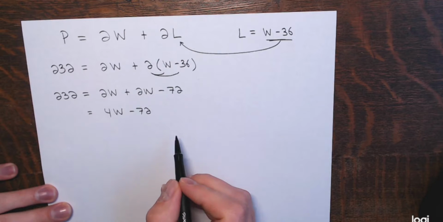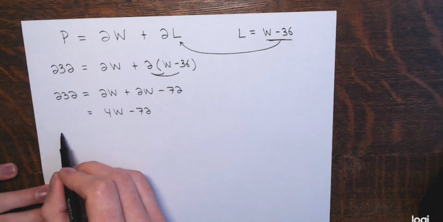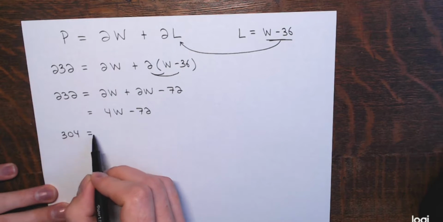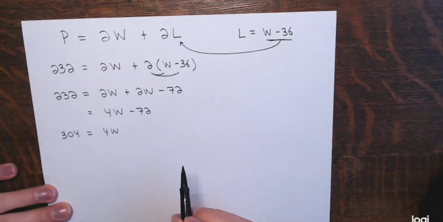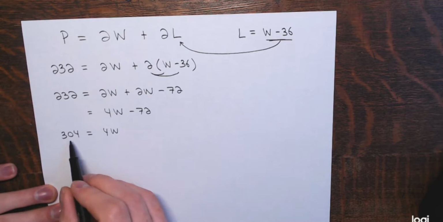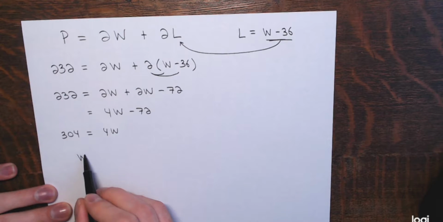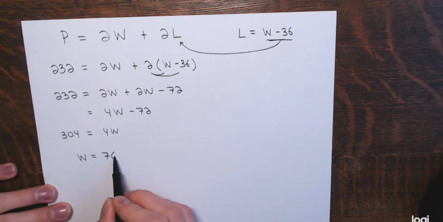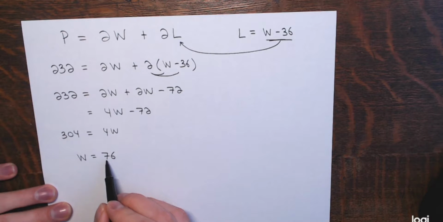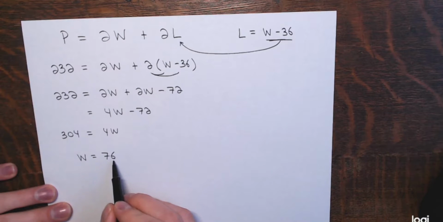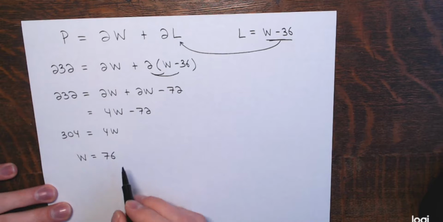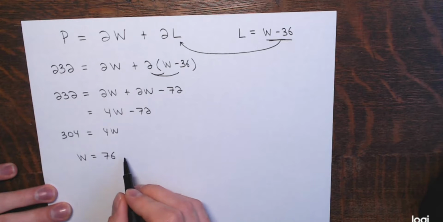And then I would add 72 to get 304 on the left side equals 4W. And then divide both sides by 4, and it'd be 76. Right? W equals 76. Yeah, 4 times 76 is 280 plus 24, 304. So the width is 76 feet.